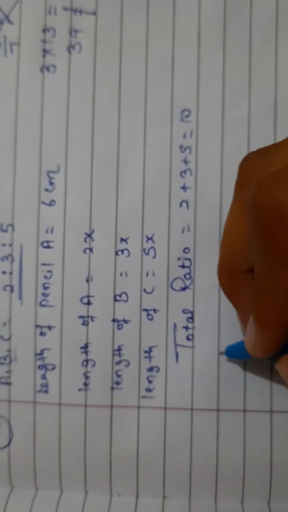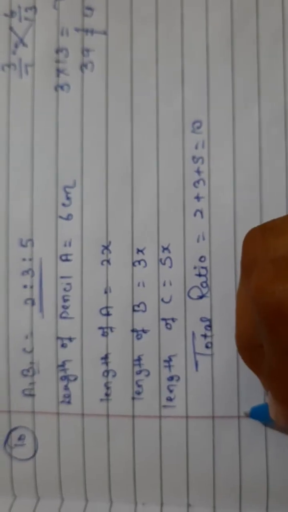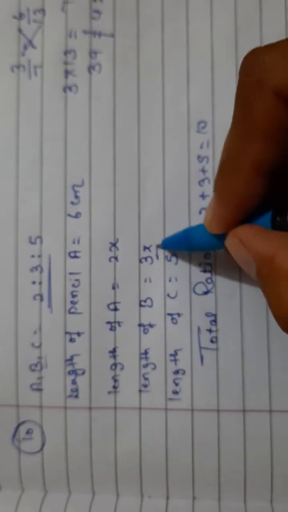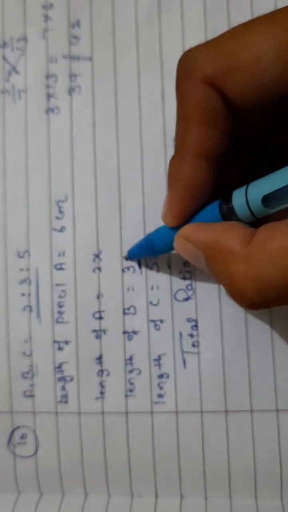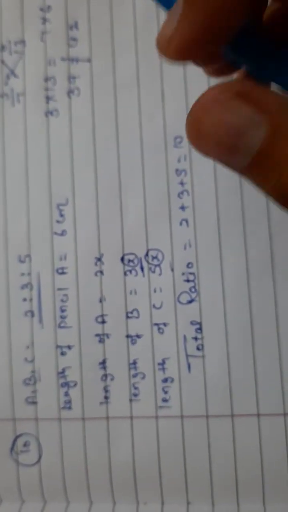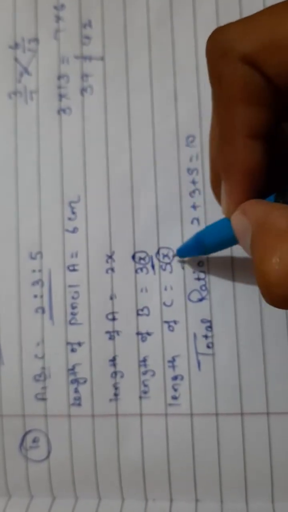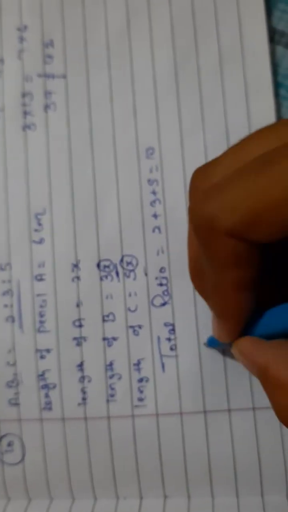Next see, we have to calculate the length of B and the length of C. If we can find the value of x, we can calculate the lengths of B and C, because whatever value comes for x, we will multiply here. So our first work is to calculate the value of x.